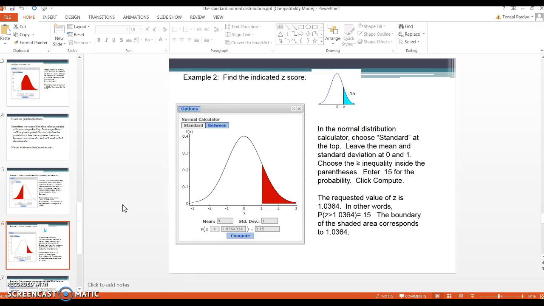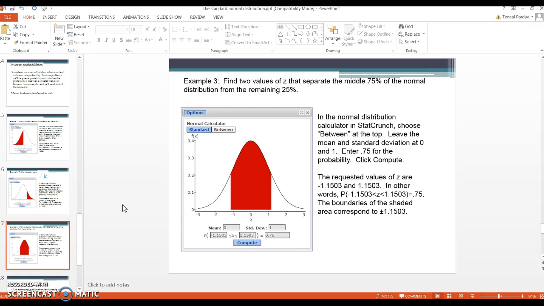The third example is a between case. They say the middle 75% of the normal curve is between what two values? So we want to find these two values, one's going to be negative and one's going to be positive, that separate the middle 75% from the 25% on the outside. So we go back over here.